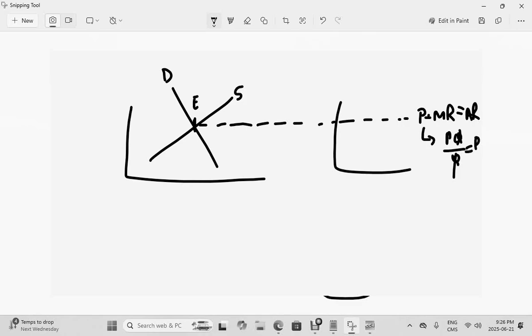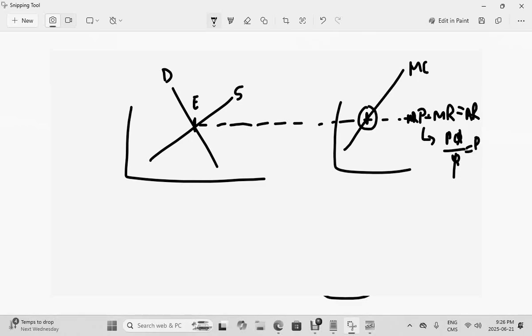All right, so we know that at this point, your marginal cost meets marginal revenue. So this is marginal revenue, this is marginal cost. And at the point of profit maximization, your marginal cost meets marginal revenue.